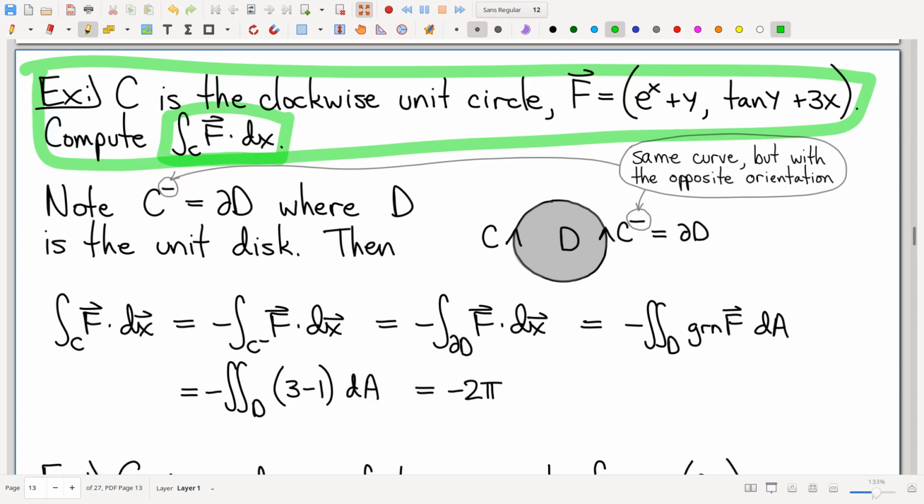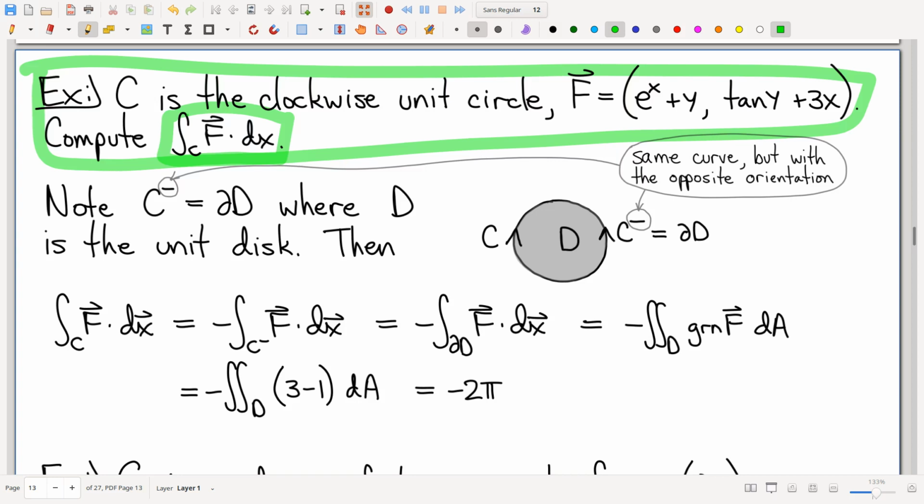Questions will not announce themselves as being, this is where you're supposed to use whatever method. The question's just asking about a vector line integral. No comment as to what method you should use to compute it, right? So we're going to have to decide, or more generally, y'all are going to have to decide what method to use. We already know you can parameterize and plug and chug. That's a thing, right? That's from the last section.